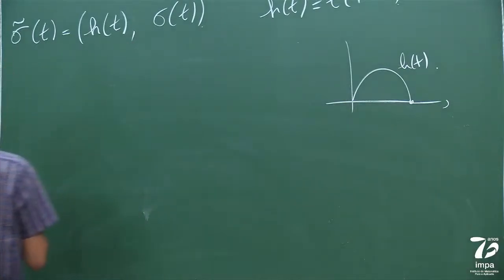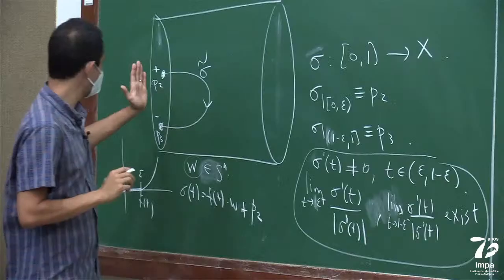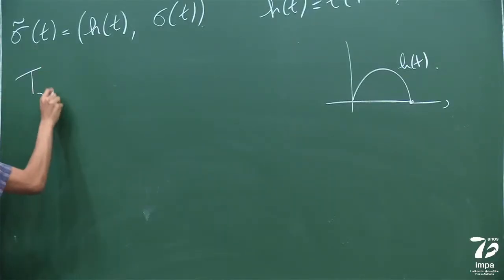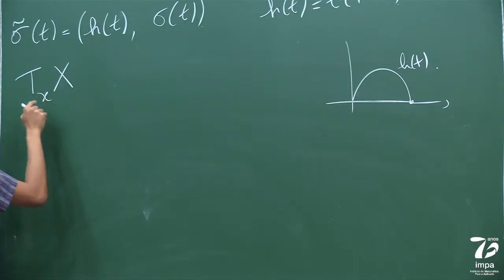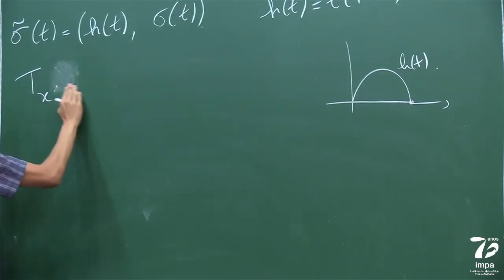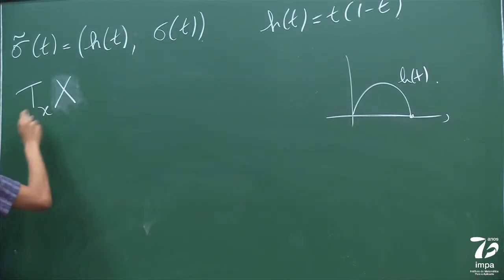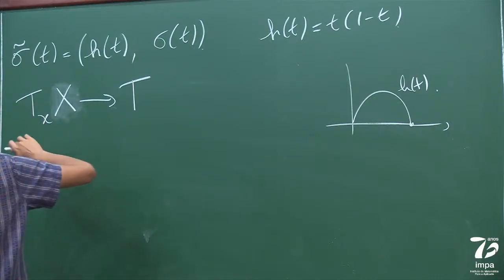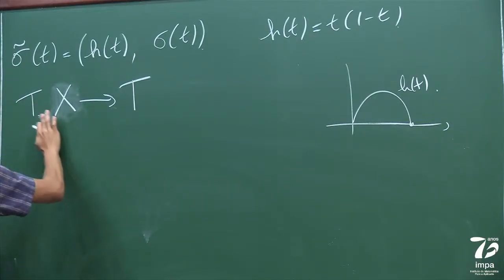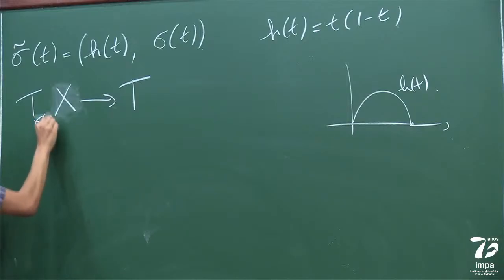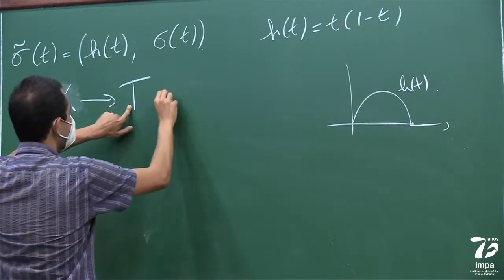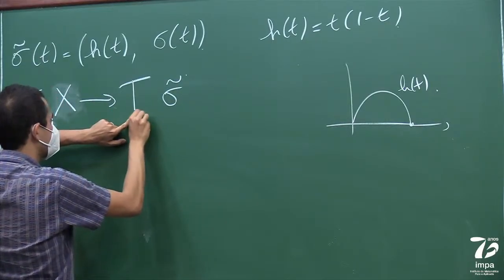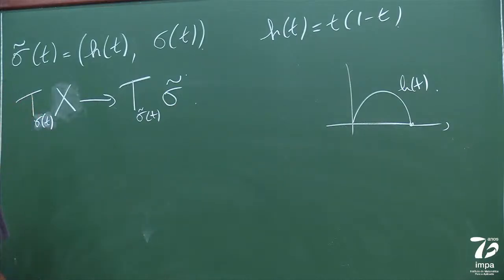And then I said, well, OK, now I want to find an isomorphism from the tangent space of X to the tangent space of the point, at least at the point sigma of t, to the tangent space of sigma tilde of t. So that's what you want to do.